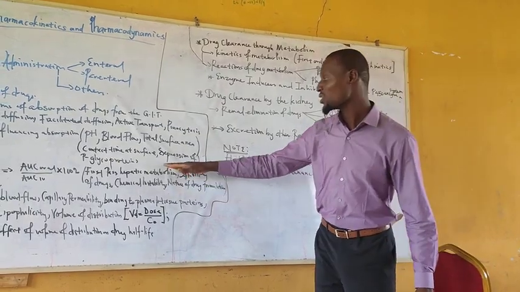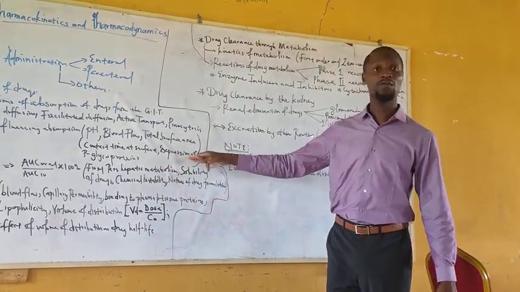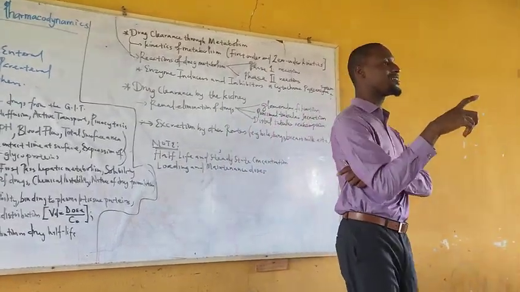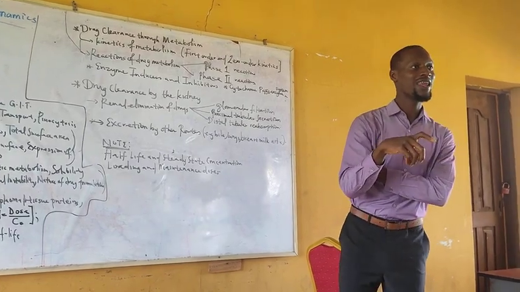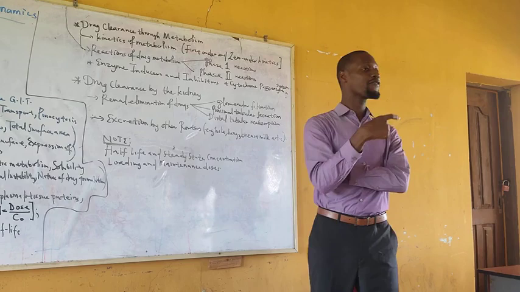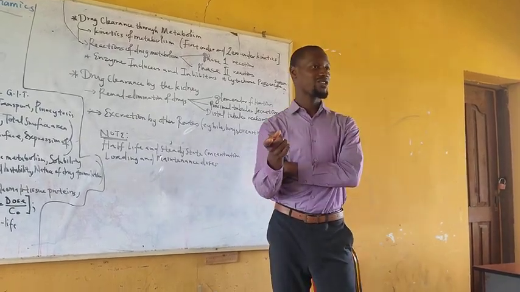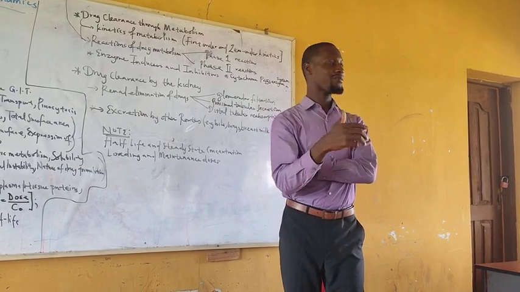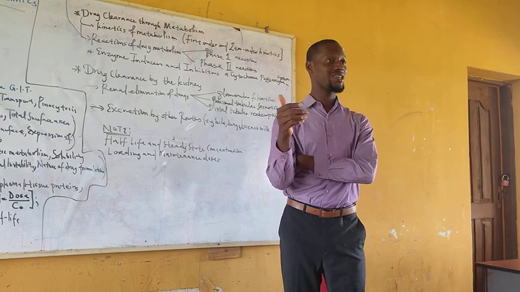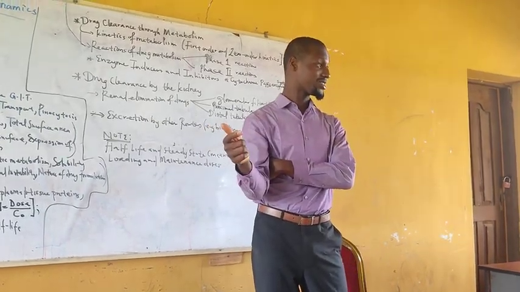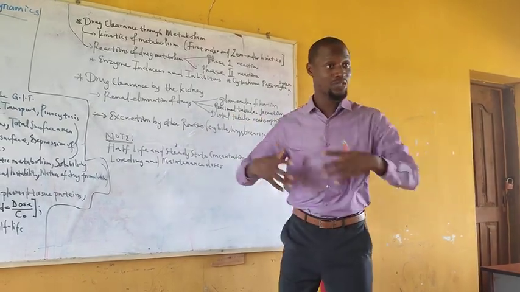The last thing is expression of P-glycoprotein. What is P-glycoprotein? These are proteins you find in a cell that actively export drugs out of the cell. I mentioned this as a mechanism of resistance in cancerous cells and possibly microorganisms, which at times actively push out drugs.